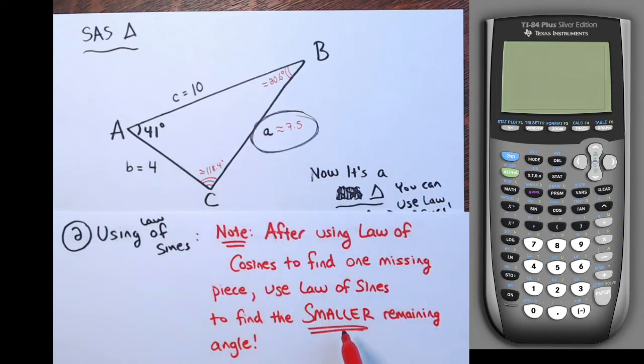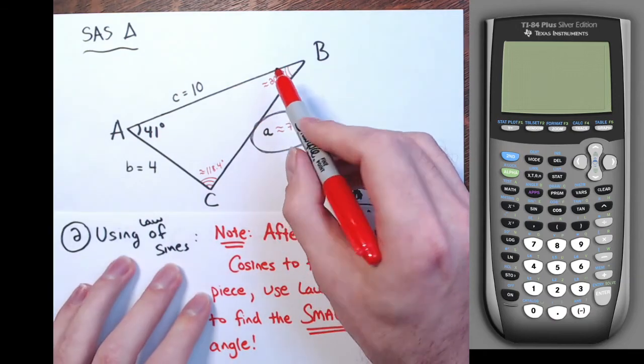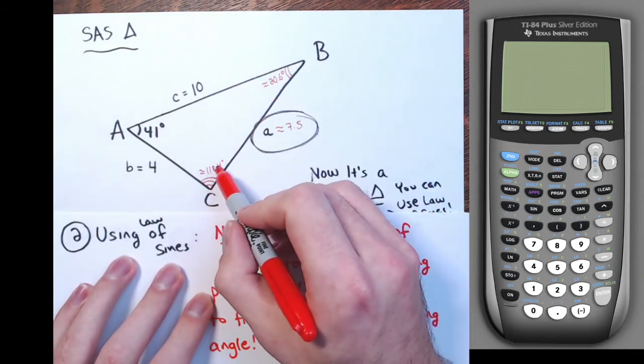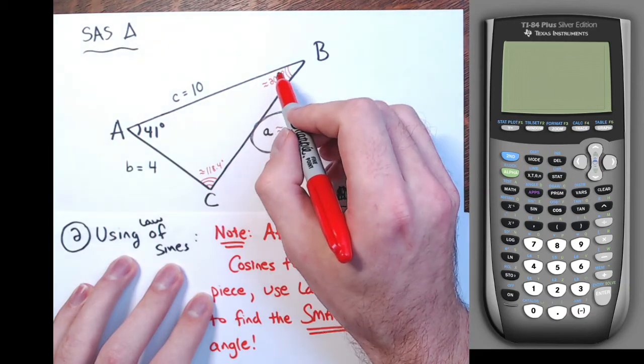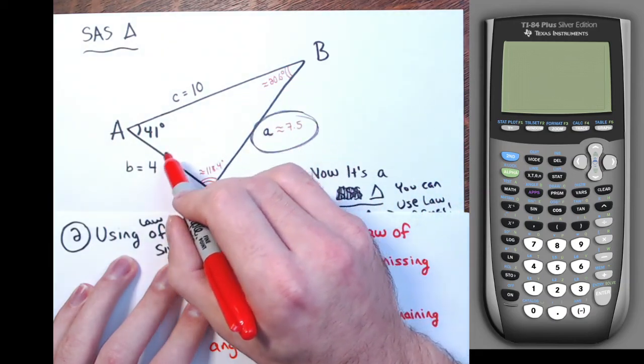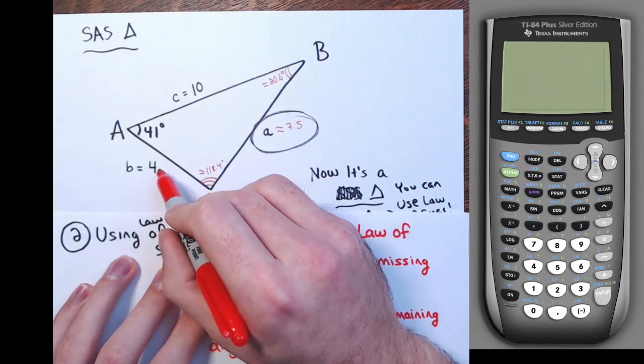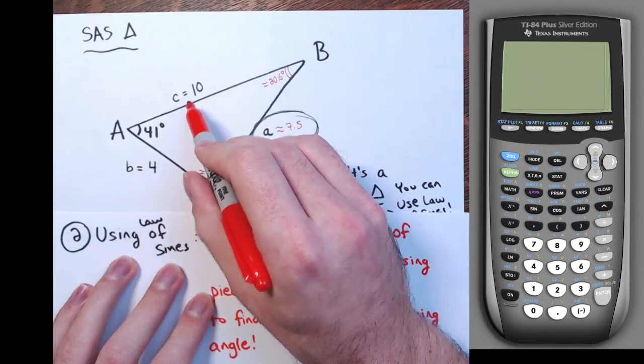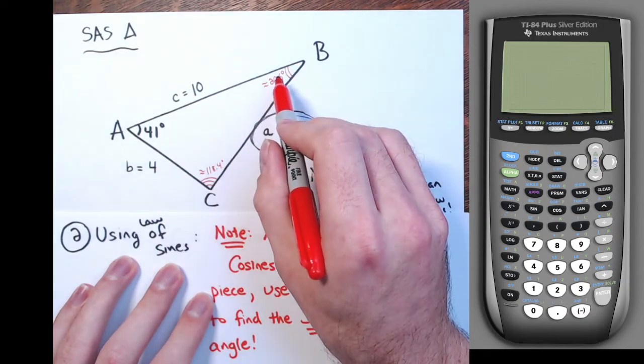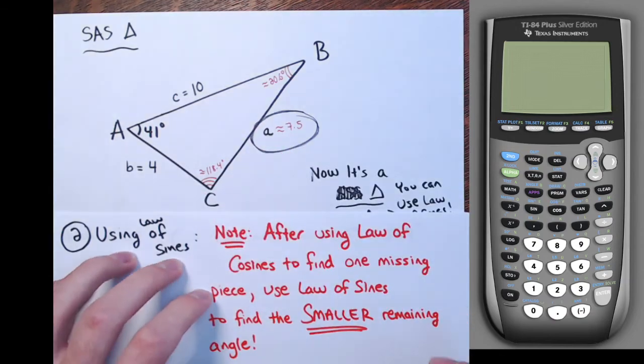So remember how you find this. Say I don't know 20.6 and I don't know this. Look at the opposite sides. The side opposite angle B is shorter than the side opposite angle C. That means angle B is the smaller of the two missing angles.